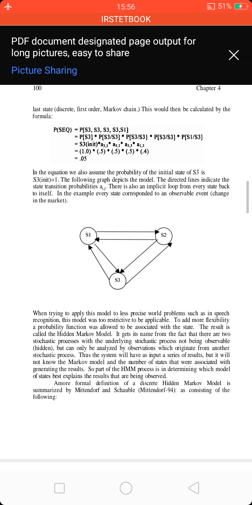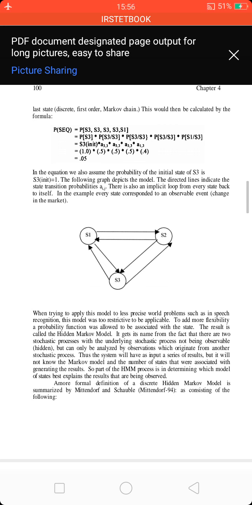The result is called a hidden Markov model. If you are applying this type of model to speech recognition, it is very difficult to apply the simple model, so it is named as hidden Markov model.